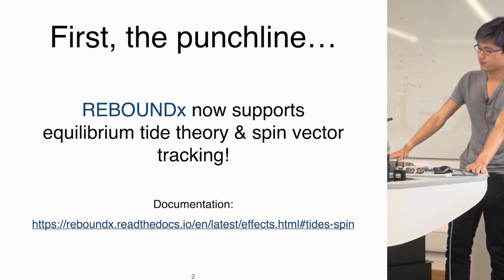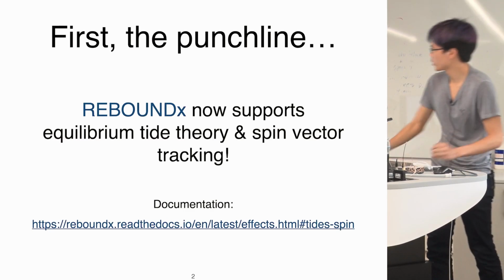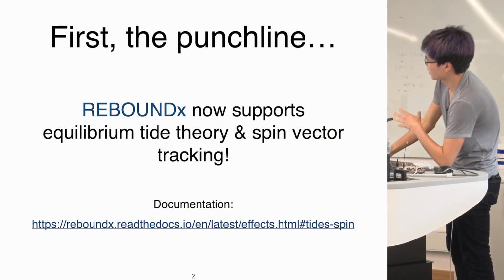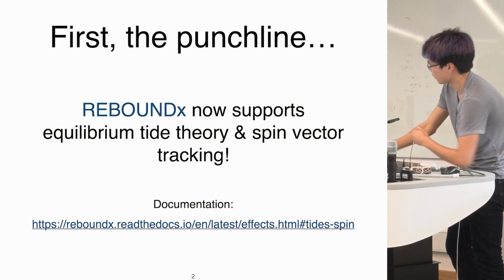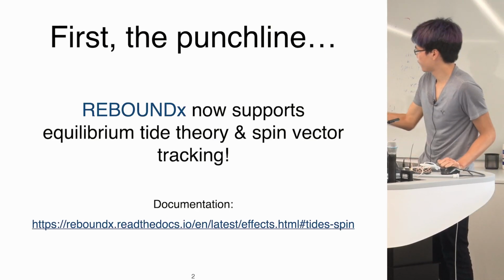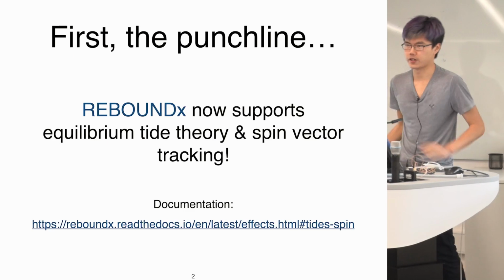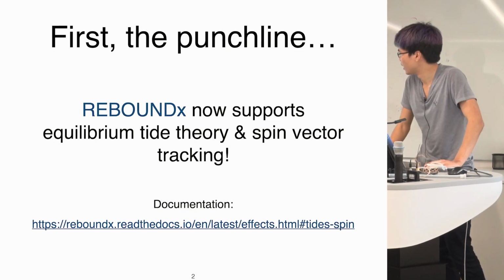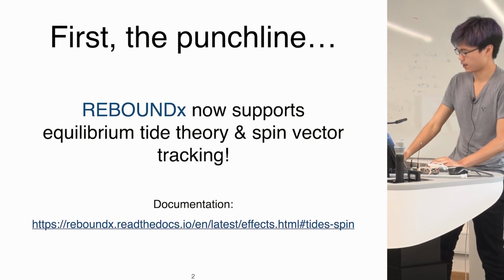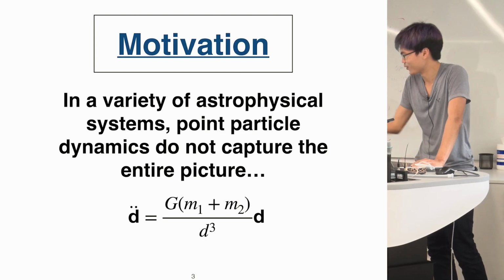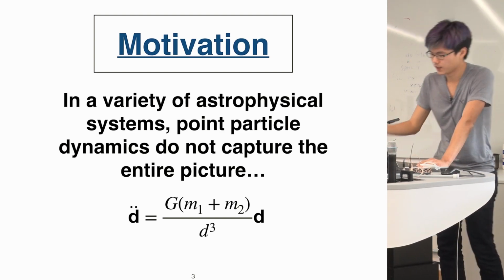But let's set the stage. For much of the history of the field of celestial dynamics, the regime that we've worked in has been that of point particles. What that means is that the effect of the structure of each body is not considered. So in other words, the bodies are treated as points. In practice, the dynamics of the system are fully described by this very familiar Newtonian point particle gravity.